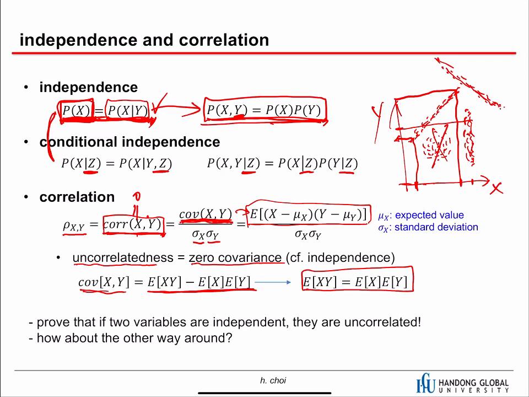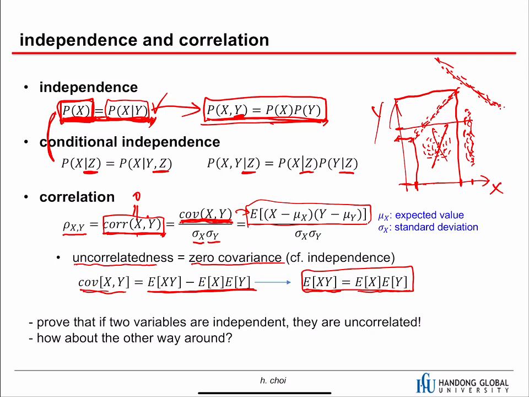If x and y are uncorrelated, then the expectation of xy is the expectation of x times the expectation of y. So they look similar. This is actually related to the statistics of a distribution. In the previous lecture, I talked about moments and statistics.